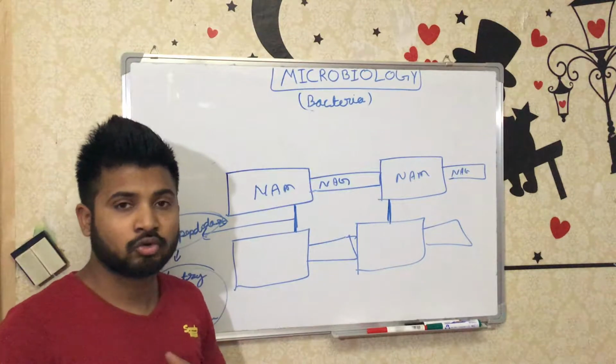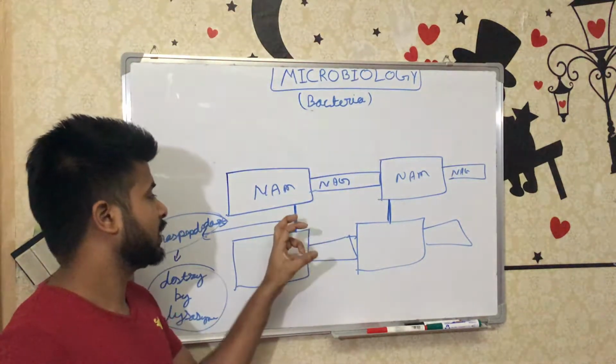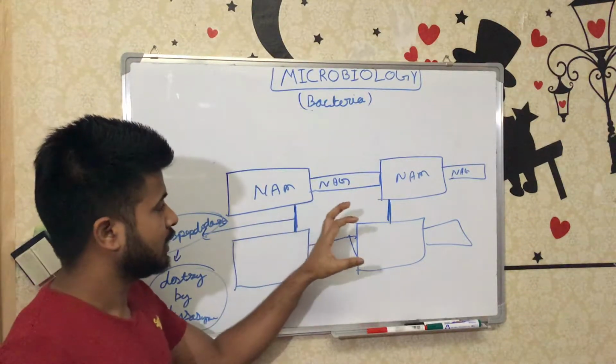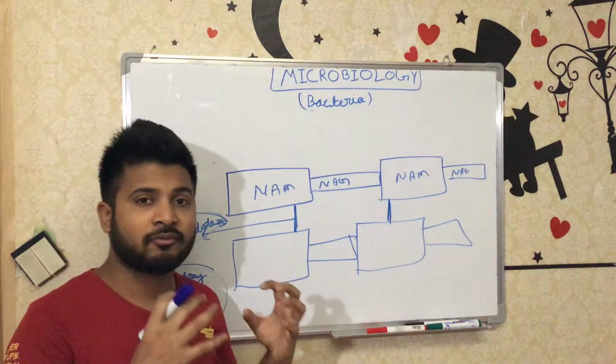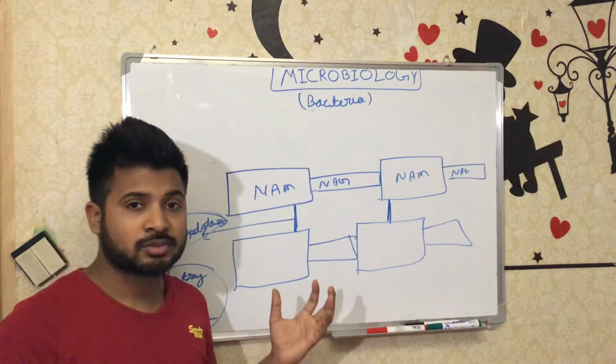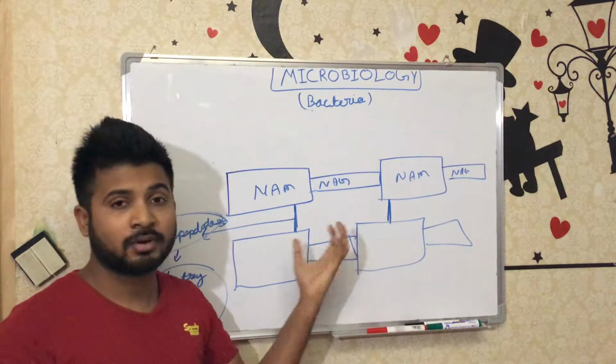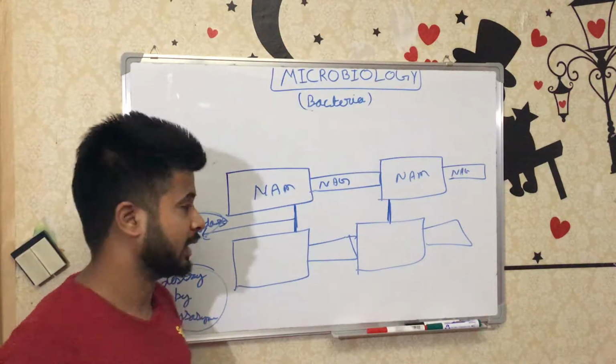So you can remember that this attachment is very important. By this attachment, they are tightly bound and tightly protect the bacteria. Otherwise the bacteria can die by osmotic burst if the peptidoglycan is not tightly bound to each other and does not protect.